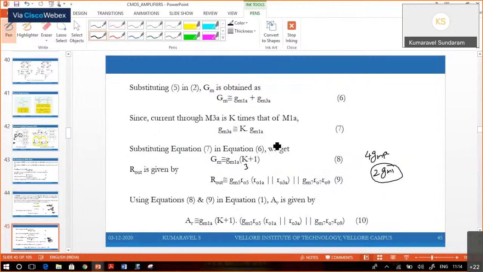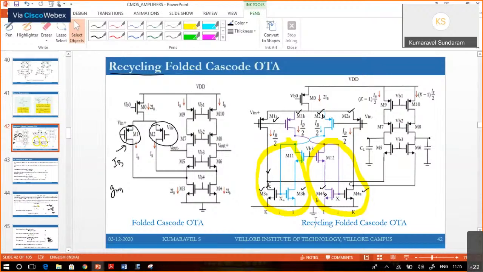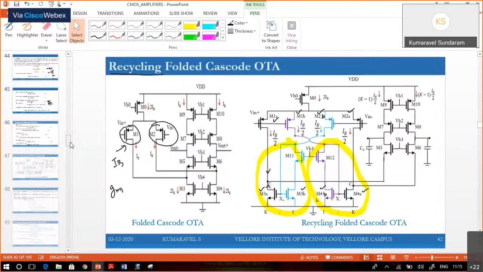So the transconductance is enhanced, and the input referred noise voltage is going to be less compared to the folded cascode amplifier. For the recycling folded cascode architecture, the input referred noise is very low.